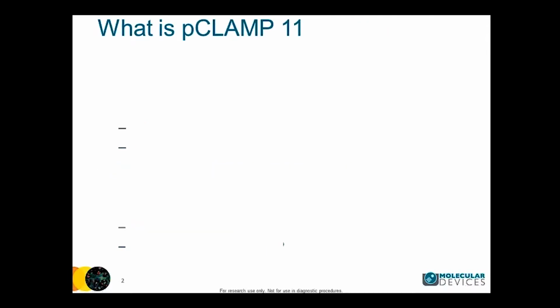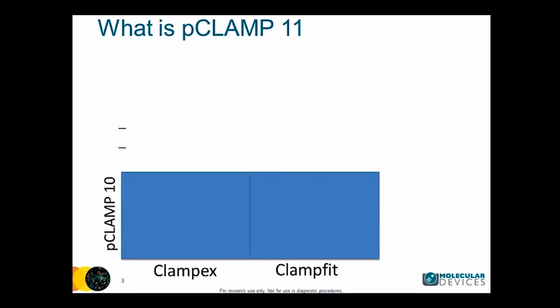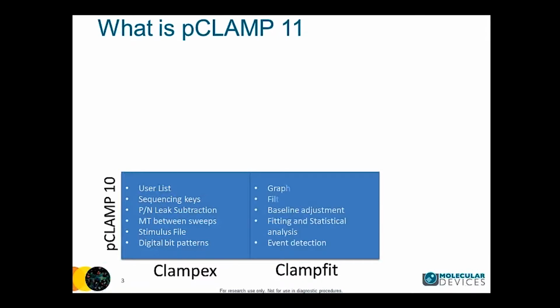Now, what is pCLAMP 11? pCLAMP 11 is built on the strong foundation of pCLAMP 10, which includes Clampex and Clampfit. Clampex 10 and Clampfit 10 have a lot of nice features, such as the user list and sequencing keys, which some of you already use, and also event detection and stimulus files.